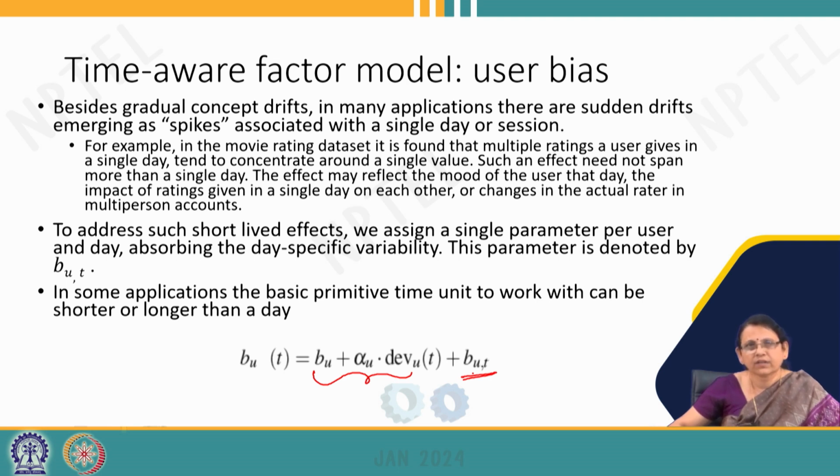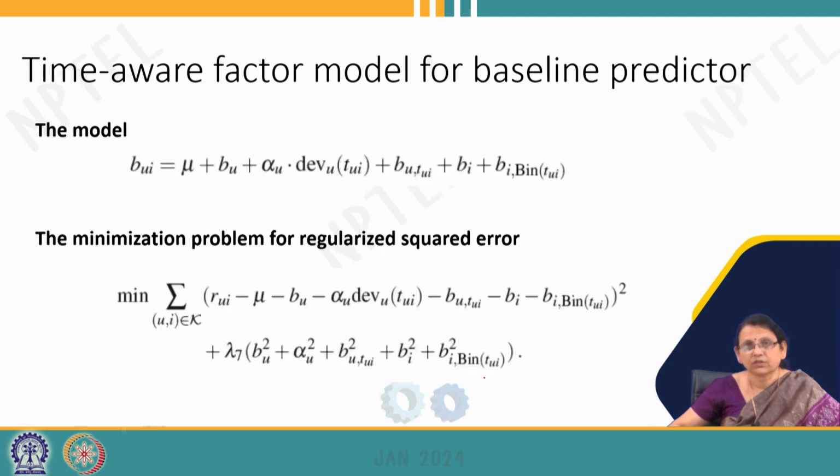So, to address such short-lived effects, we assign a single parameter per user and day, and we try absorbing the day specific variability. So, this parameter is this one. As I told you, these are flexible. It is not that you have to go by this model, but for the purpose of this course we are limiting ourselves to this. But depending on the kind of data that you are using, this model is going to change.